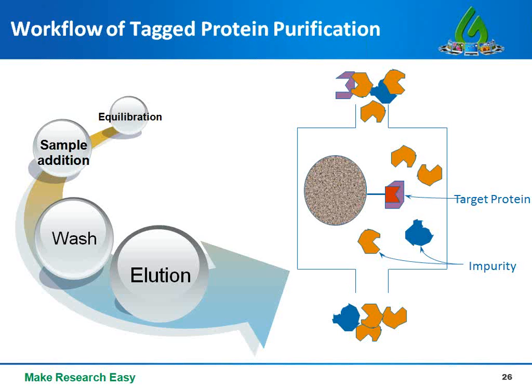First, you need to equilibrate the purification column. Then you add a sample to the column and wash away impurities in the samples and unbound proteins. Then you elute the bound target protein. The workflow is very simple.